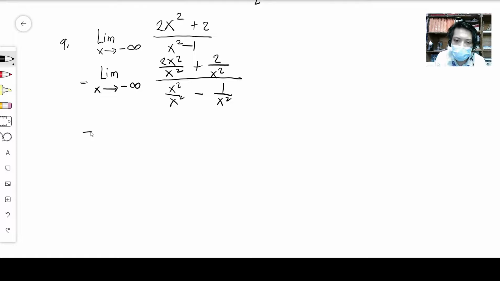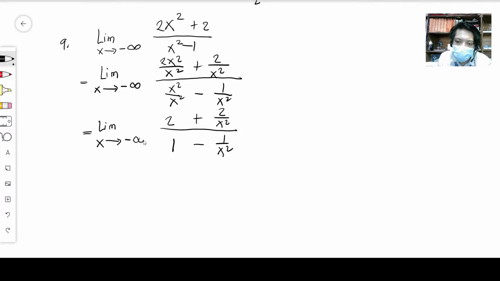So this is, take note, I will not yet write the limit word because I have not yet substituted. So this is 2 plus 2 over x squared, all over 1 minus 1 over x squared when x approaches negative infinity.